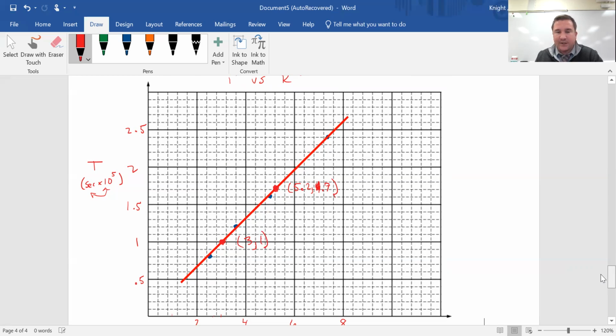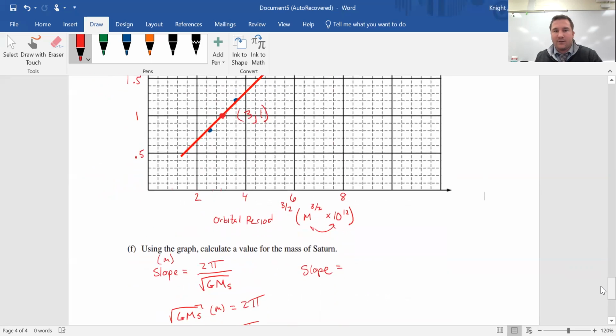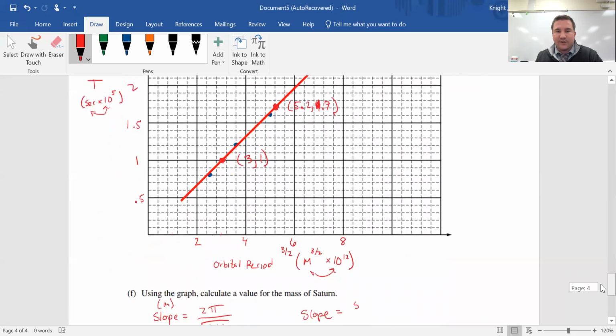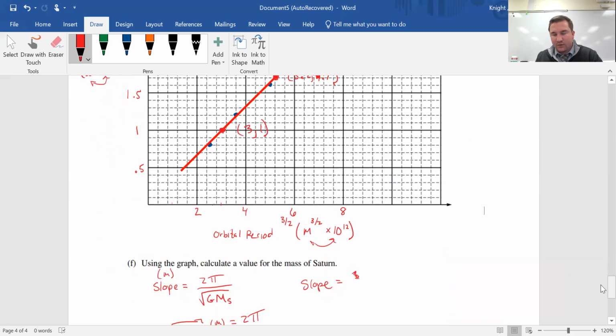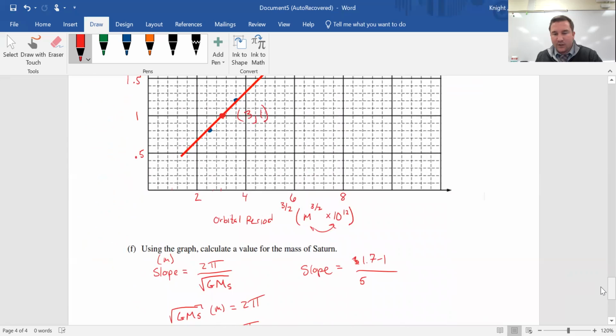All right, so I've got my points there. Now I can do my rise over run, which is going to be 5.2, or no, that's the run. Come on, Ryan. 1.7 minus 1 over, what did I say, 5.2 over 3 minus 3.